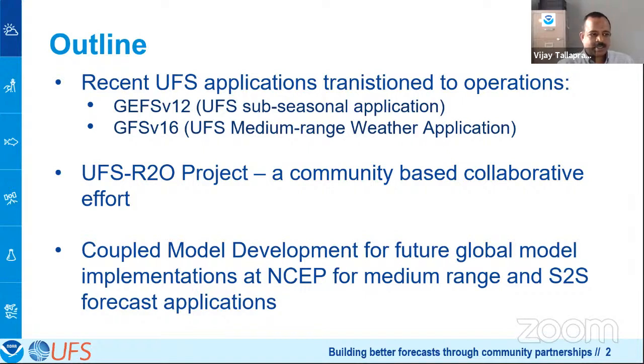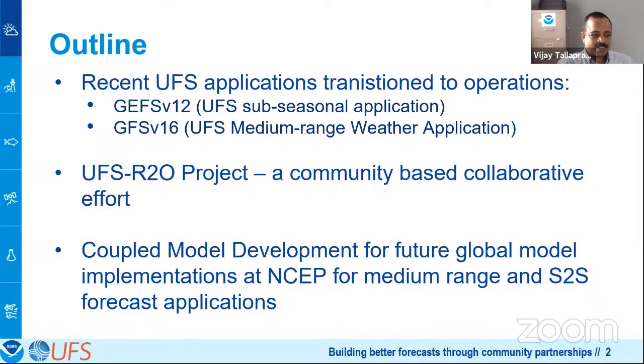Likewise, we just recently implemented the GFS version 16. It is an upgrade to the original FV3-based global model that was implemented in 2019. So this is a major upgrade to the medium-range weather application, where we not only extended the vertical levels and the model top, but also coupled it to the wave model.